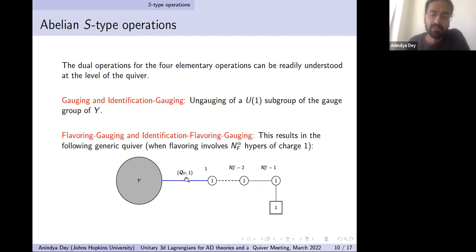Okay. So Q comma P describes the charges of this abelian hypermultiplet. So this is the general structure of the dual theory. Okay. Now exactly what the charges are, which nodes it connects to, that is dependent on the particular problem at hand. But the general structure of the dual theory is simple, and it's just this.